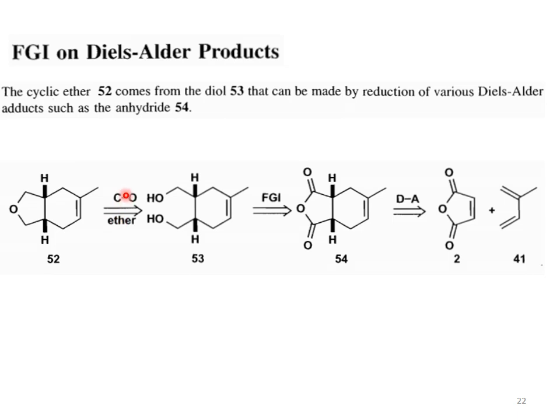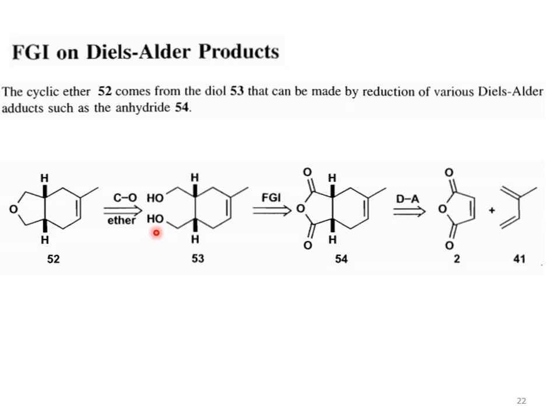When this diene reacts with this dienophile, it will give us 54, and 54 upon reduction will give us a diol, and the diol upon dehydration will give us this ether. The cyclic ether 52 comes from the diol 53.